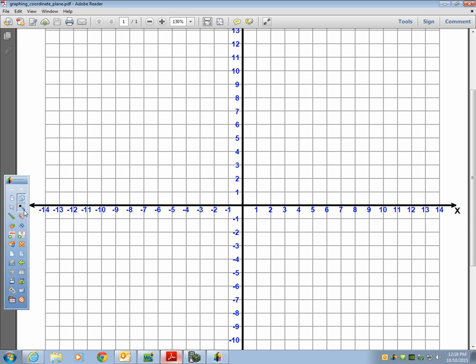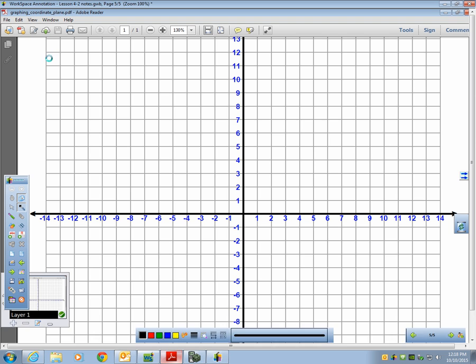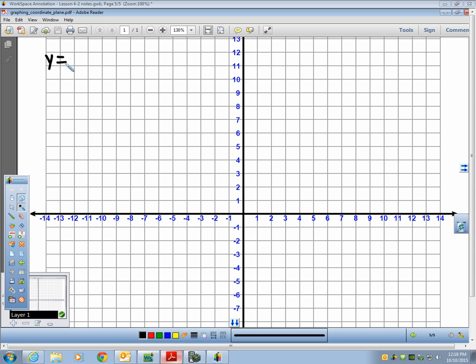When you see a simple equation such as the following, y equals 3, and they ask you to graph that, here's what that means. I want a line where every y value is 3. So let's think about that. Y equals 3 right here. Y equals 3 like this. Y equals 3 here.